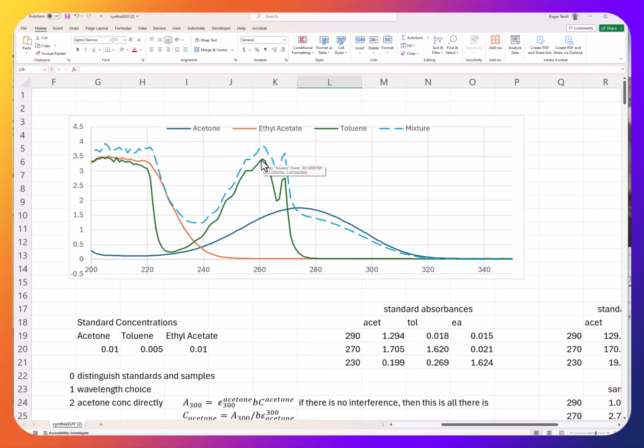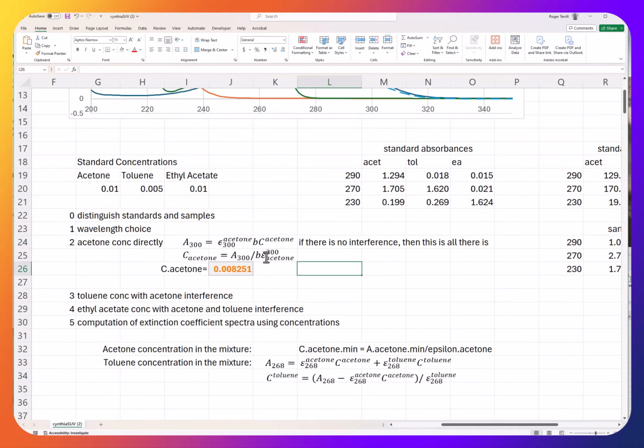And this here assumes that at this wavelength, 268, whatever we're using, the ethyl acetate does not contribute. So it's above 260, so that's pretty much a flat line there.